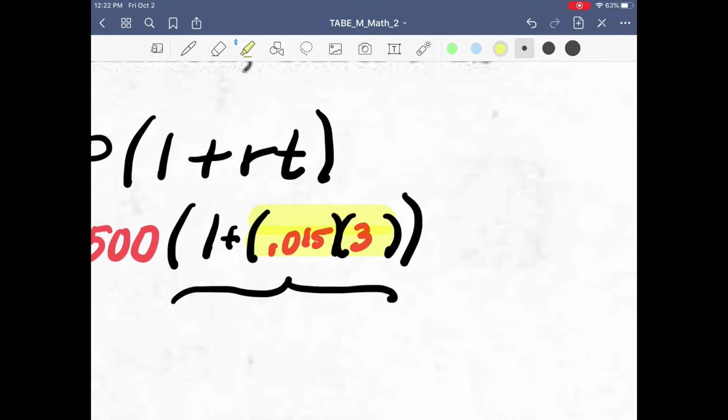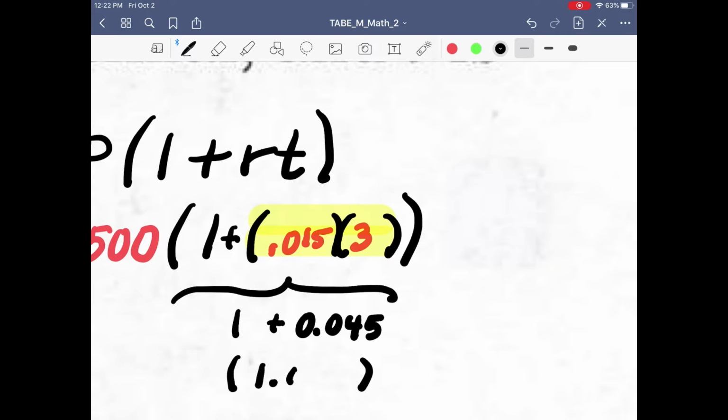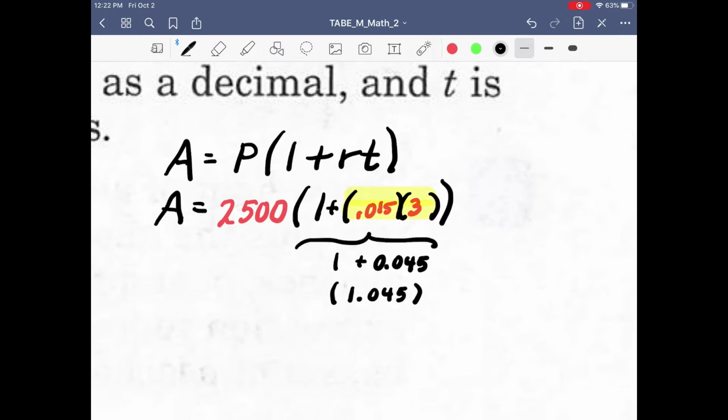So I'm going to say 0.015 times 3, and that is 0.045, and I'm going to add that to 1. So I come up with 1.045, and then I'm going to multiply that by the 2,500 that just comes down here.